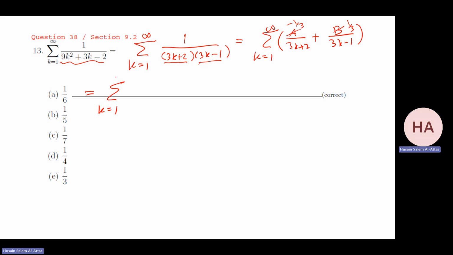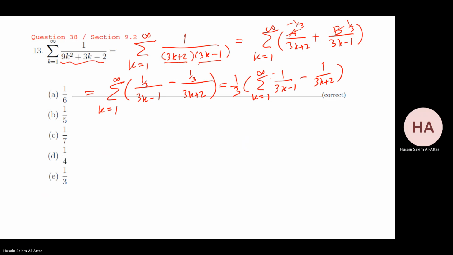That will be k equal 1 to infinity, 1 over 3 over 3k minus 1 minus 1 over 3 over 3k plus 2. Now I can take 1 over 3 outside. And I have the summation k equal 1 to infinity, 1 over 3k minus 1 minus 1 over 3k plus 2. And then we work out these things and multiply by 1 over 3.